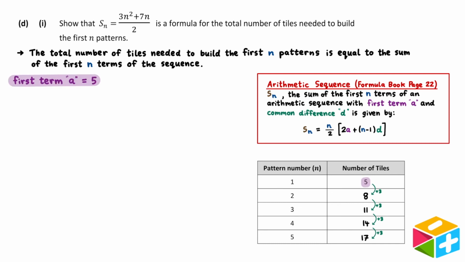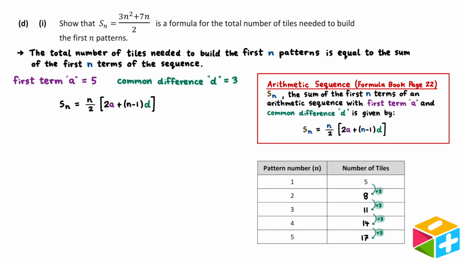In our formula, a refers to the first term in our sequence, and just like earlier, a is equal to 5. D refers to the common difference, and again, just like earlier, d is equal to 3. Let's sub these two values into our formula.